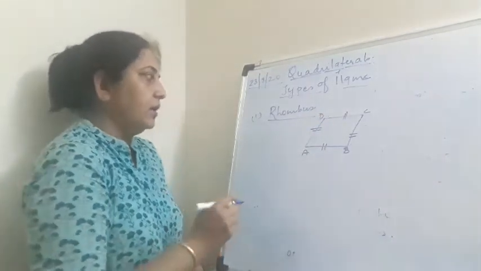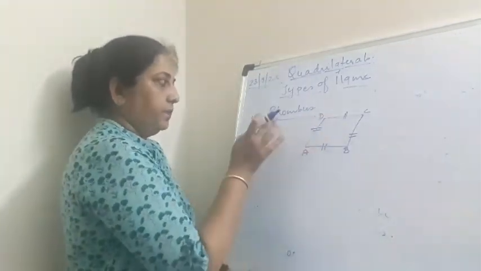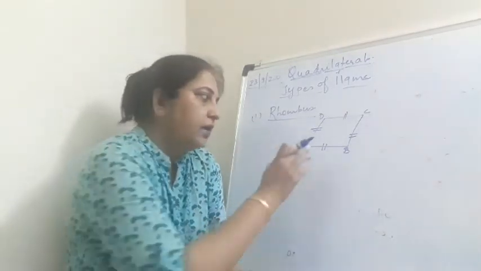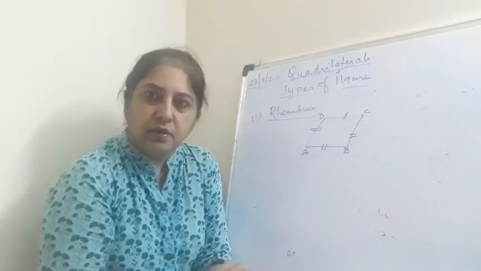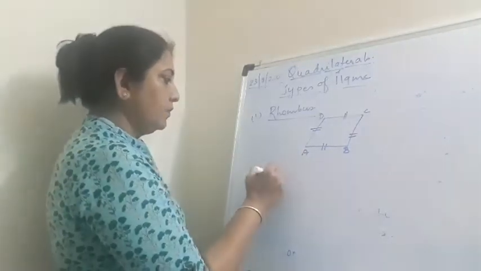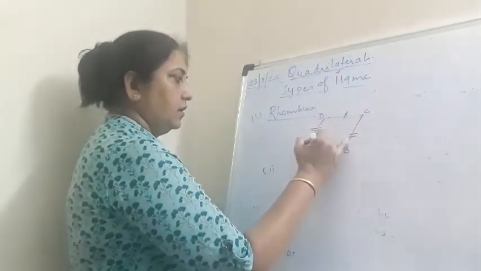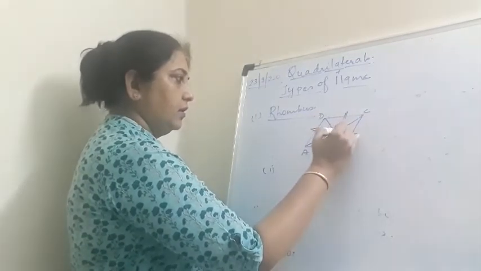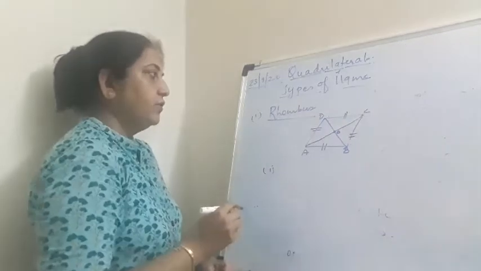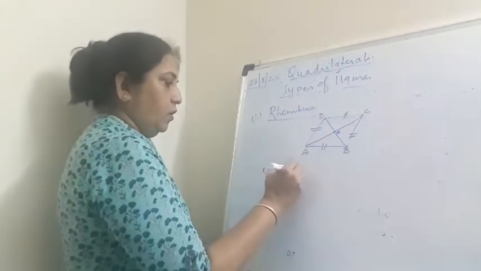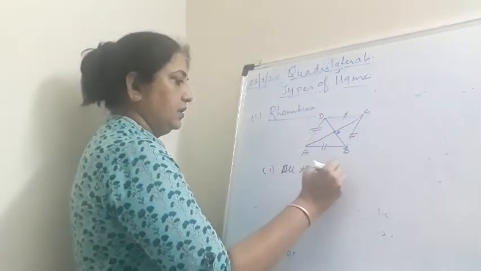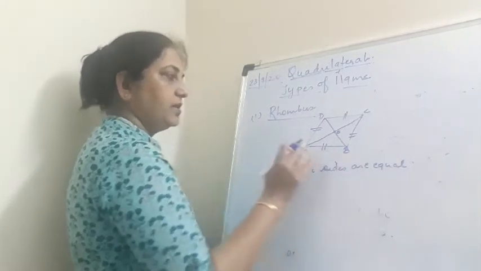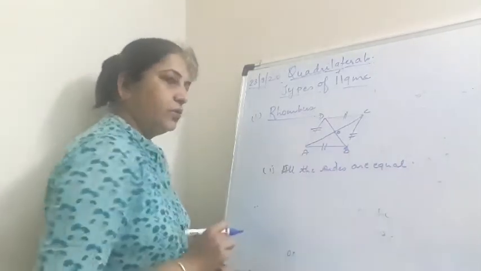Since in a parallelogram also opposite sides are equal, in a rhombus also opposite sides are equal. So the properties of the rhombus are: all the sides are equal, and obviously opposite sides are also equal.